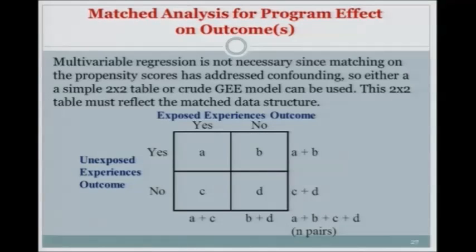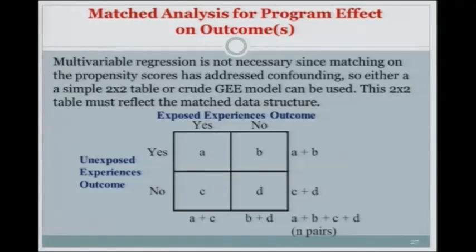Where you had either somebody who didn't get the program, sorry, I always get myself confused on these two. The unexposed experiences the outcome, no, and the exposed experiences the outcome. So here's a program where the effect, if you have a lot of pairs in this box, that's not a good thing, right? Then your program is increasing the outcome. In the C cell is where you want to be.